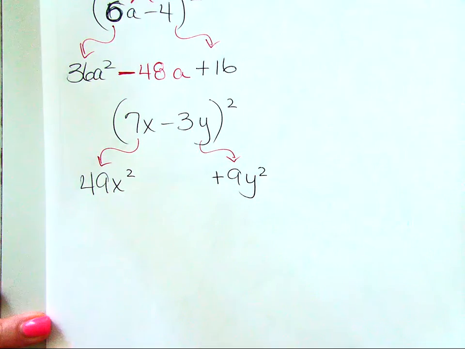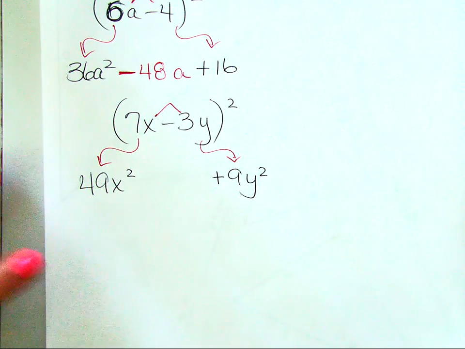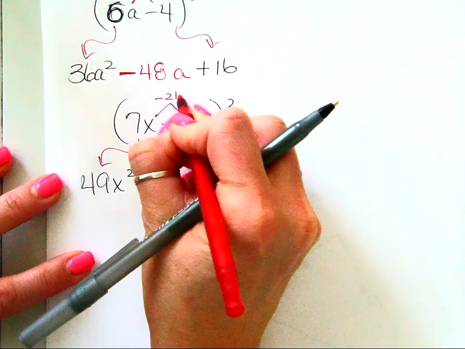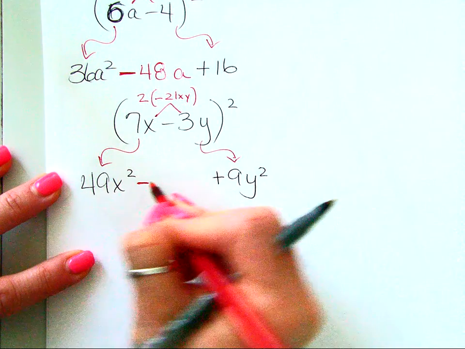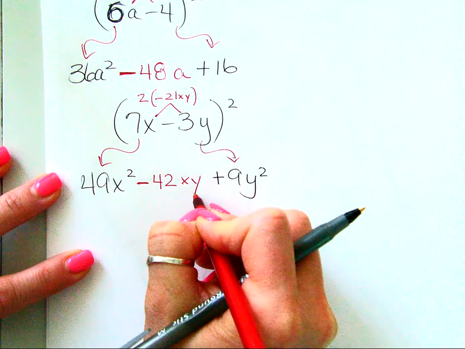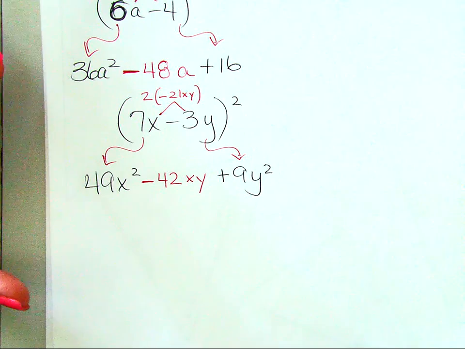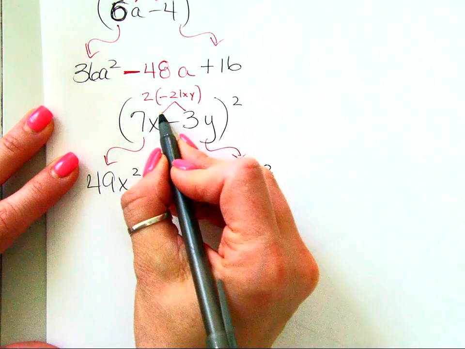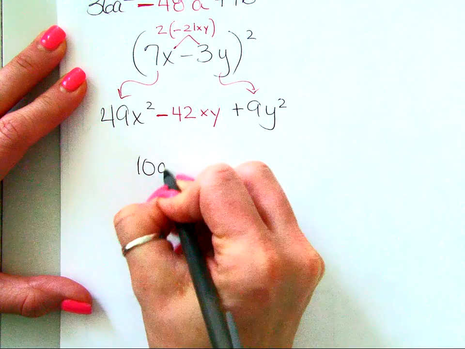And what is 7x times negative 3y? And if I have two of those, I have a negative 42xy. Good? Okay. What if I had a cubed right here? What if I had 10a cubed minus 6?